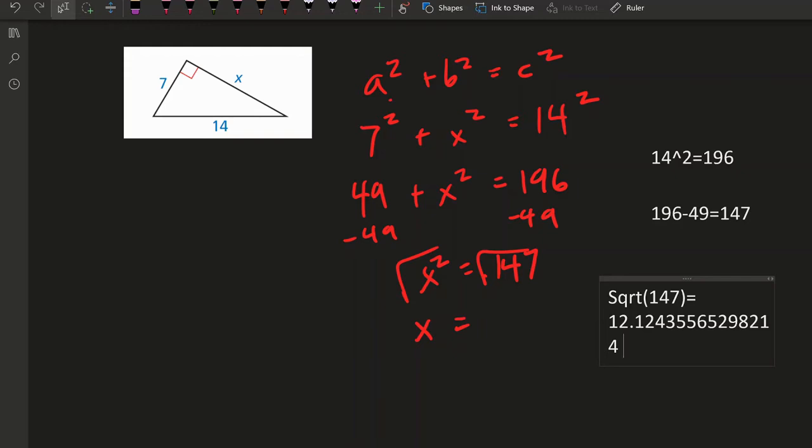Even though my calculator cut it off, it does actually go on forever. In geometry, we want to answer with exact answers where it's appropriate. Since this is not a word problem and there's no context, I can't tell if a decimal or an irrational answer would be more appropriate. So I want to give the exact answer.